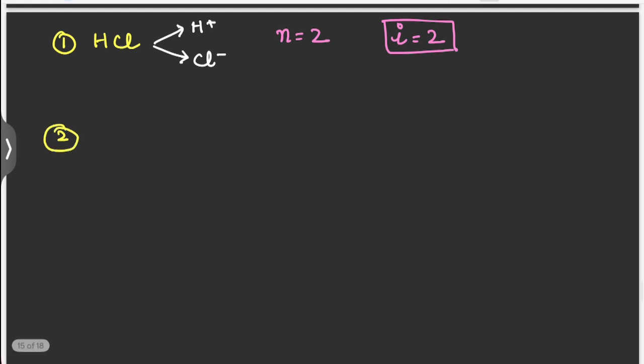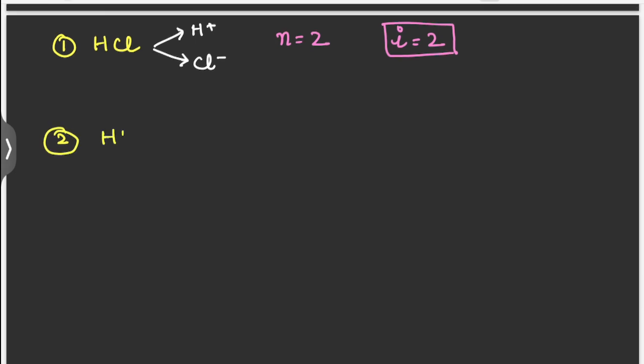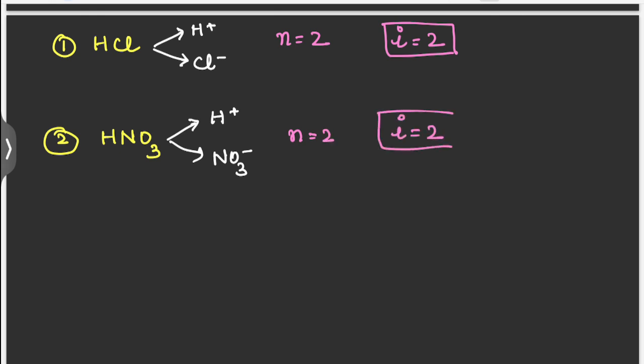Second example, HNO3, nitric acid. How is it going to break now? It is going to break as H plus and NO3 minus ion. So totally how many ions are present? There are 2 ions. n is equal to 2. Therefore Van't Hoff factor also will be equal to 2. Clear?